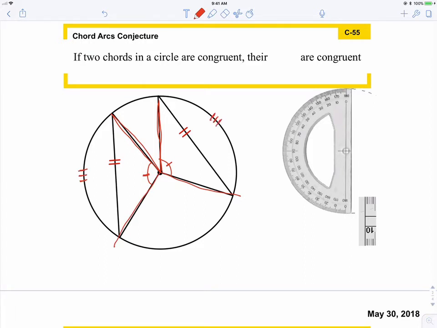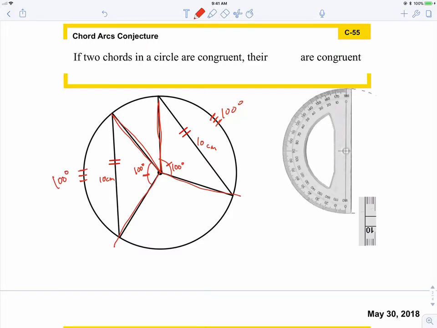Those arcs are congruent. For instance, if this chord was 10 centimeters, by the property we just figured out above, if this angle was 100 degrees, then this angle is 100 degrees. Then from the other day with central angles and their arcs, if I know the angle is 100 degrees, then I know the arc is 100 degrees.